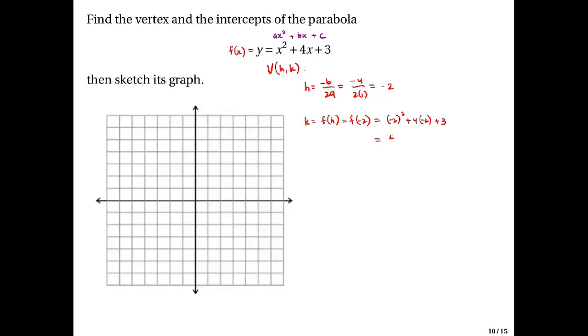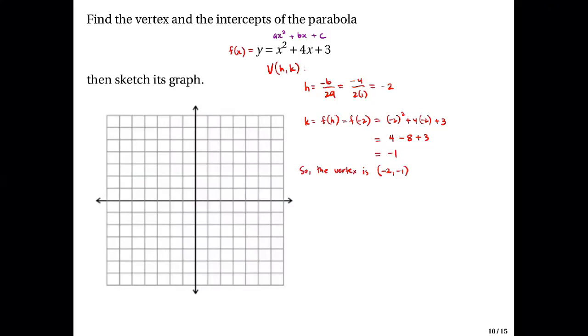This is equal to 4 minus 8 plus 3. And then this is just equal to negative 1. Okay? So the vertex is h comma k, and that's just negative 2 comma negative 1.